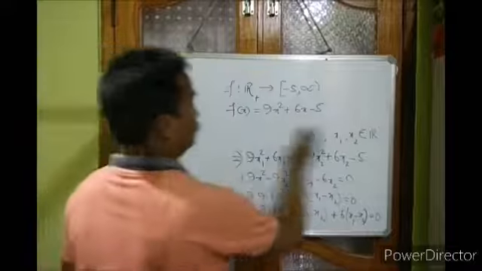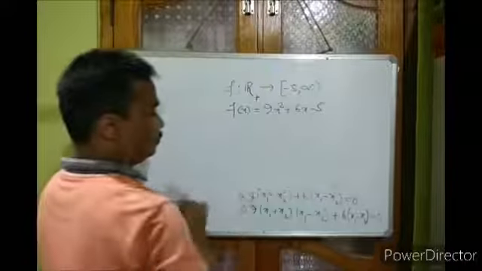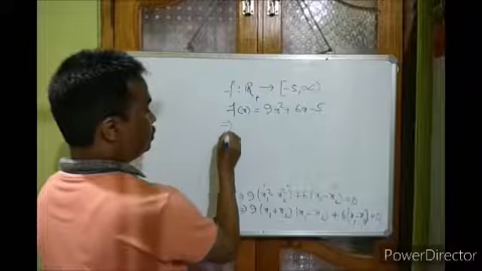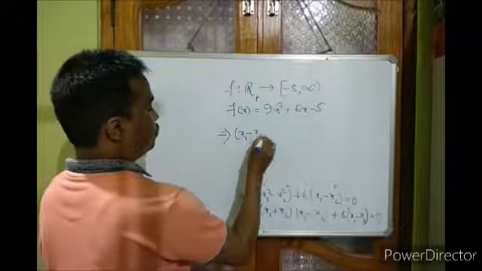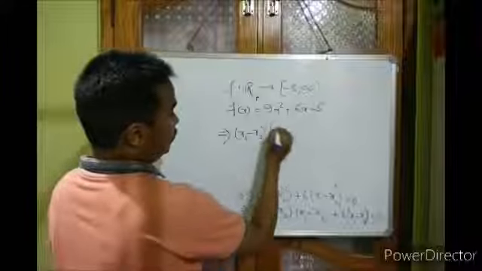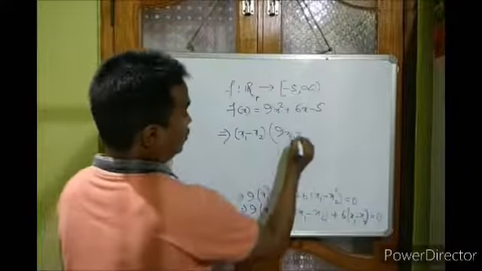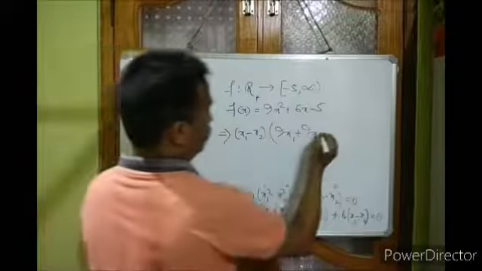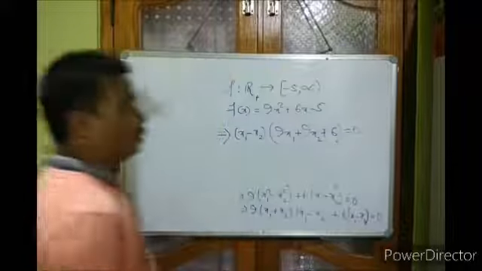Taking x1 minus x2 common, this implies x1 minus x2 into 9x1 plus 9x2 plus 6 is equal to 0.